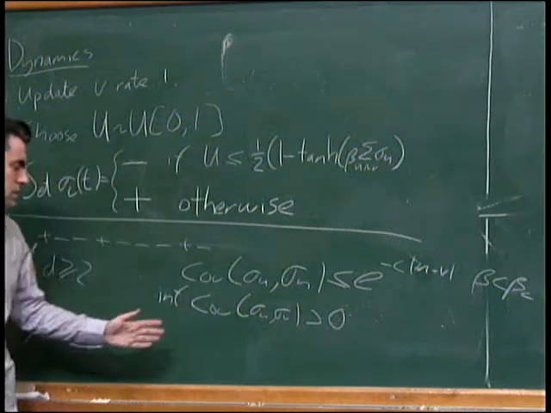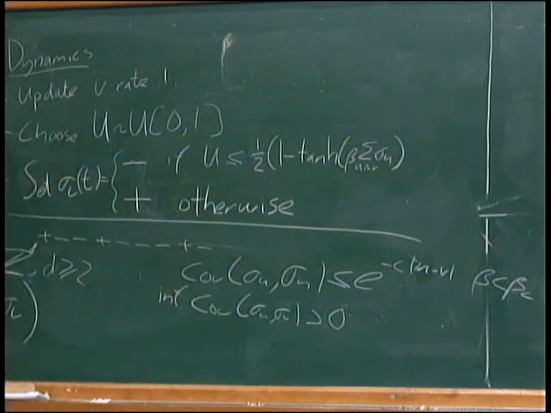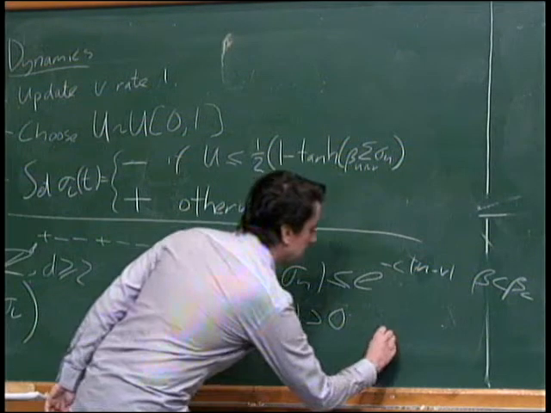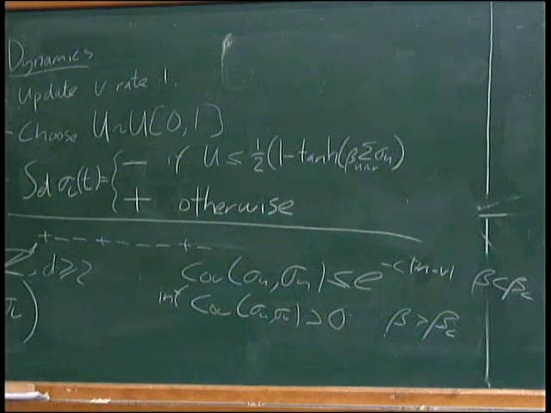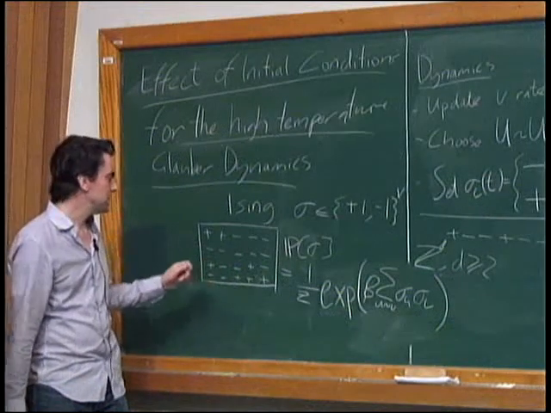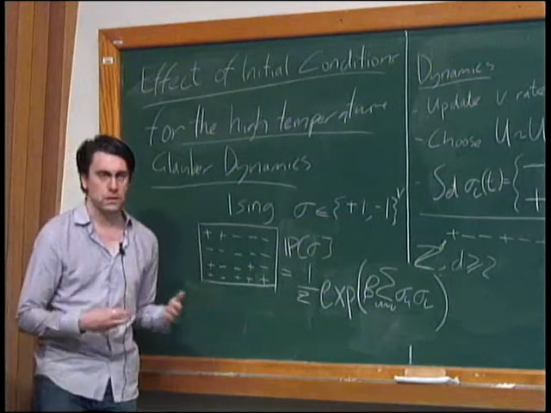The correlations will be strictly bounded below, and the reason for this is when beta is very large, the best configurations will be ones that are either mainly pluses with a few small islands of minuses, or mainly minuses with a few small islands of pluses around. And so the configuration will make a global choice to be either mainly plus or mainly minus. So even very far away vertices will be correlated.